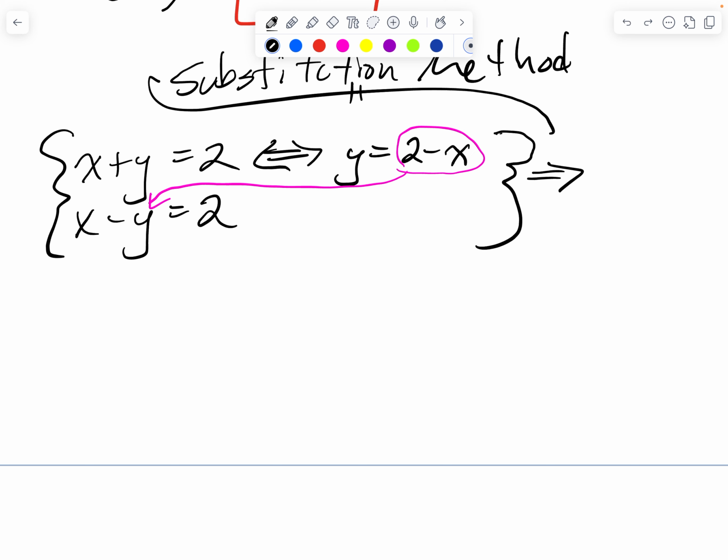I'm trying to use some kind of notation that's logical and consistent. Those two combined via substitution, replace the y with 2 minus x. So I have x minus, and then a 2 minus x, and then I have equals 2.